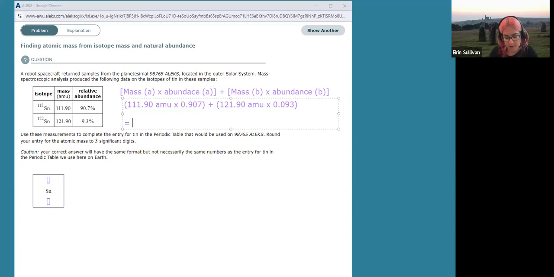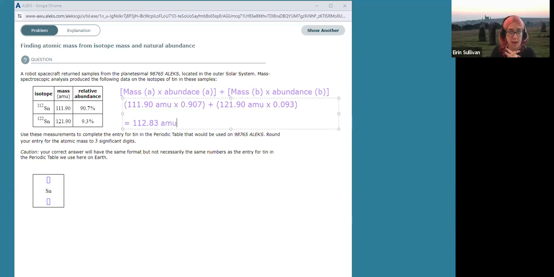Oh, my calculator's just not happy with me today. Right, let's try it again. 111.9. I had a sticky button. 0.907. I've had this since like 9th grade, so I haven't even changed the batteries. 0.093 gives me 112.83. I've not rounded that yet. The units are going to be in AMUs.